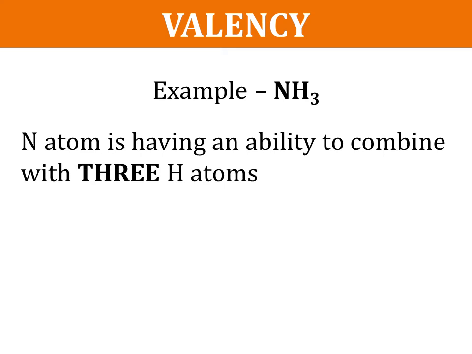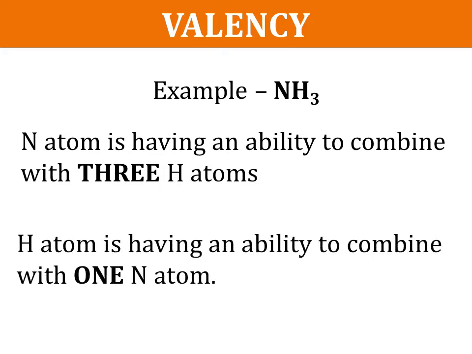So the nitrogen atom has an ability to combine with 3 hydrogen atoms. N is nitrogen over here. As we can see, nitrogen has an ability to combine with 3 hydrogen atoms. Similarly, from the perspective of hydrogen, there are 3 hydrogen atoms. Now from the perspective of each hydrogen atom, it is combining with 1 nitrogen atom.